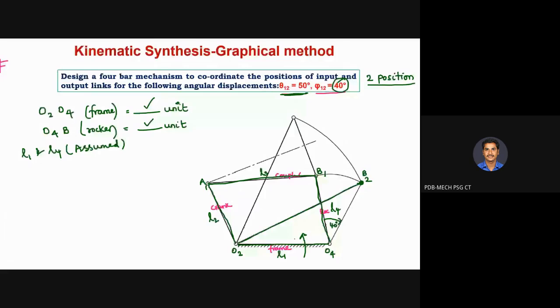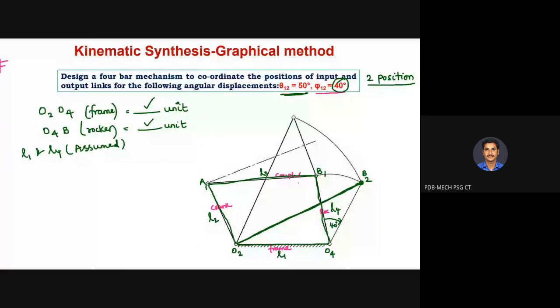Now tell me, rotating the frame or rotating this diagonal point is the same. Am I right or not? So rotating the frame, this diagonal point can also be rotated 50 degree.